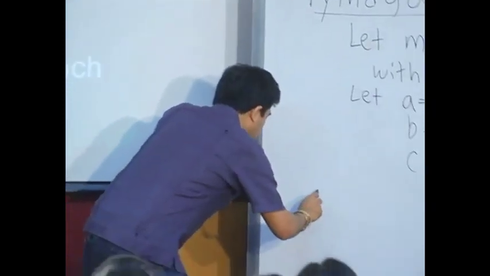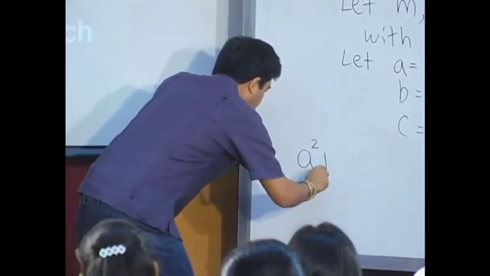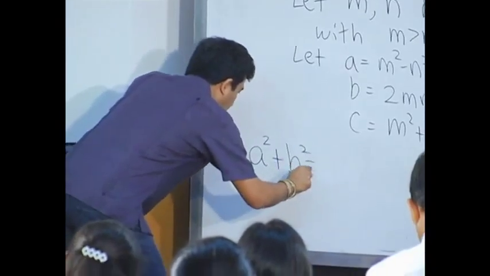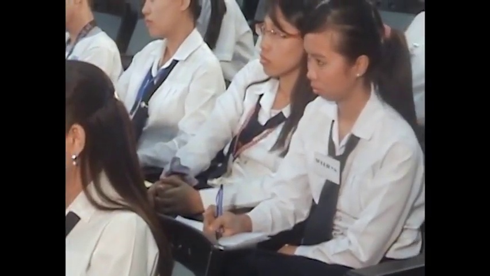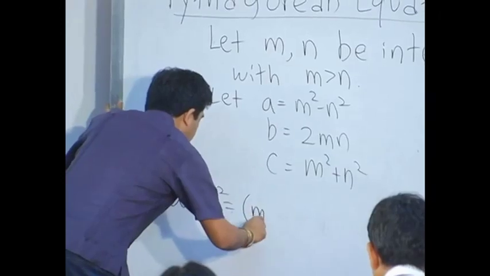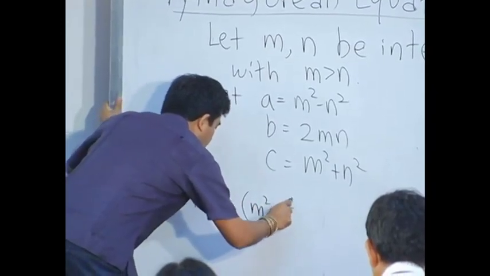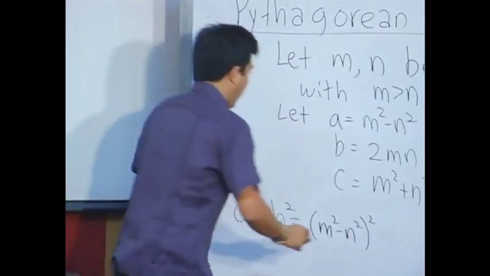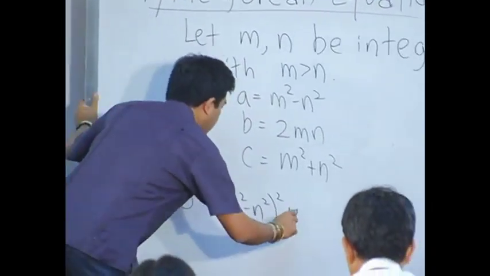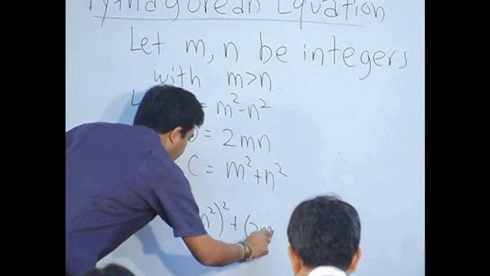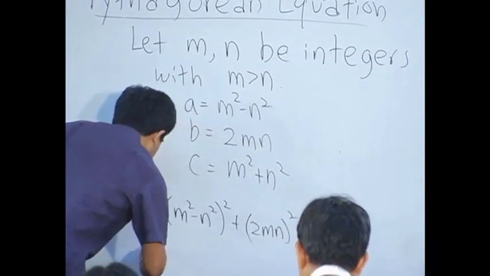So we shall see. Let us add a squared plus b squared. So this is m squared minus n squared, squared, plus 2mn squared.